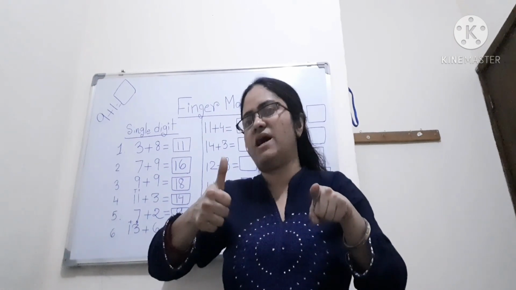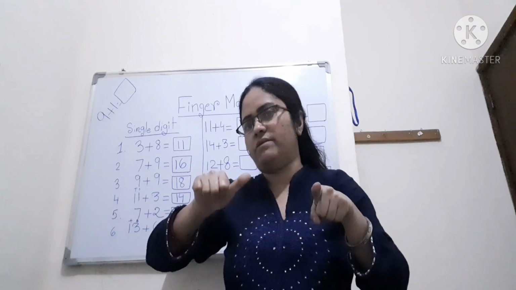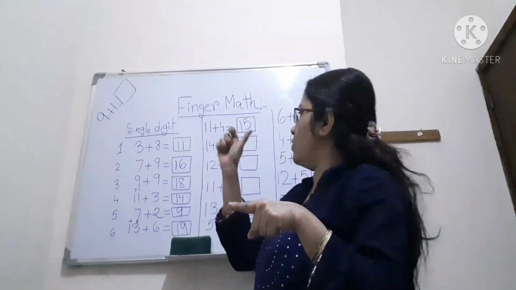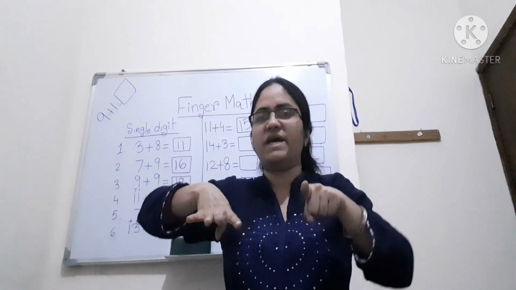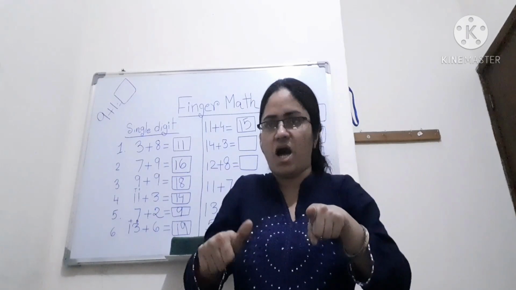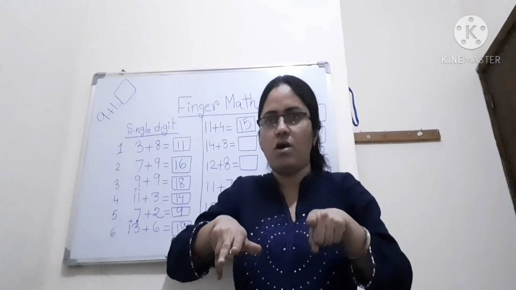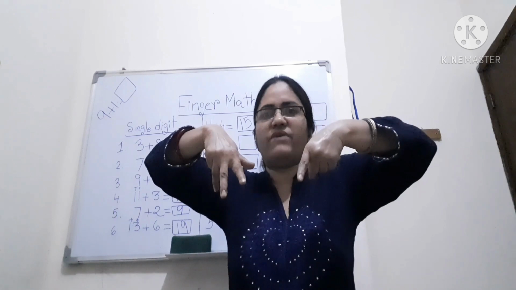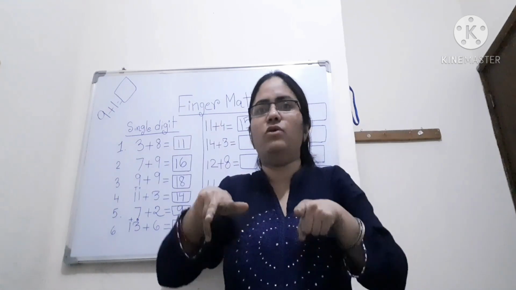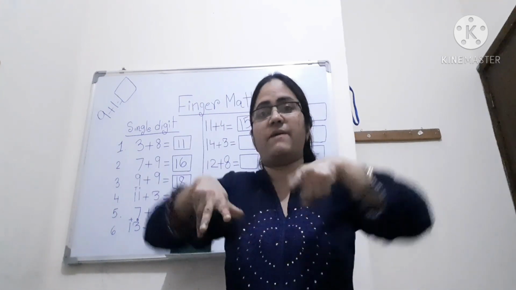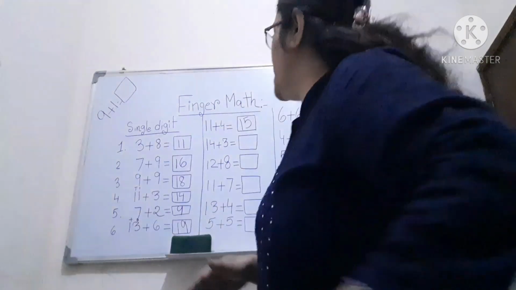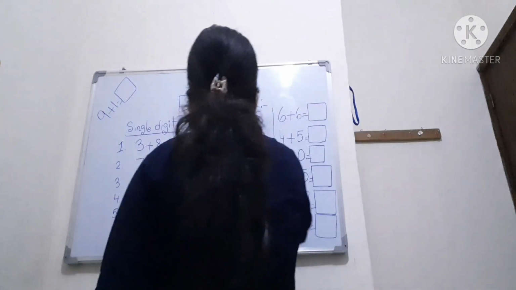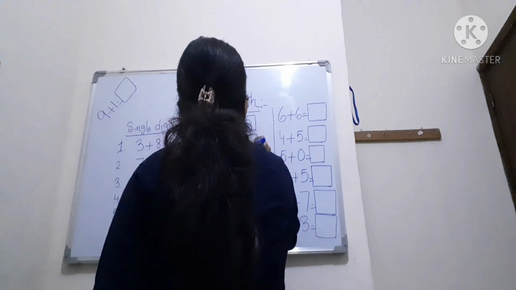If I raise my thumb, I have to close this one, right? So 14, then 3. 1, 2, 3. What is the value? 5, 6, 7: 17. That means 14 plus 3 is equal to 17.